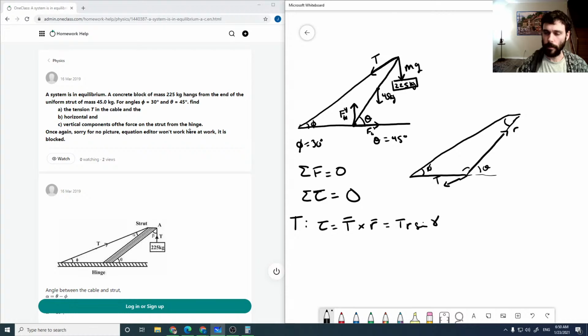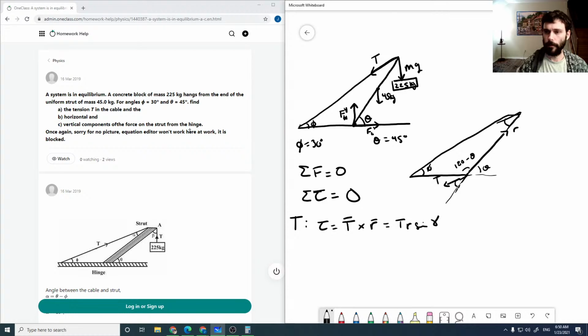This angle in here is 180 minus theta. And so this angle up here must be, I'm just extending this out.